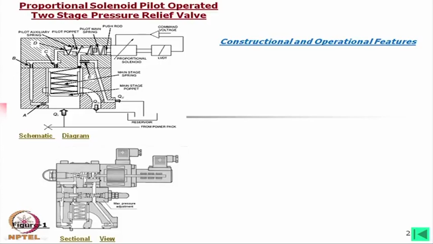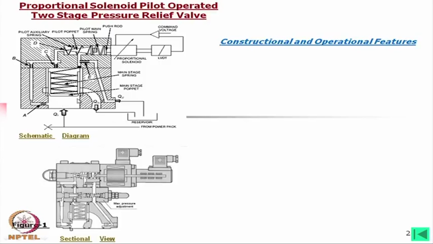Depending on the flow, at one point these two forces will be less than this force, then this will open and oil will go out, and that will depend on how much setting we are doing through this proportional solenoid. And as you know, due to this differential pressure, this will remain stable for a longer time to bypass the oil. That means no chattering.